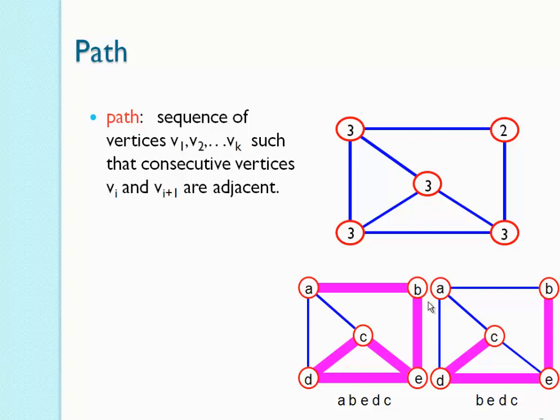Path. A path is a sequence of vertices V1, V2 up to Vk such that consecutive vertices Vi and Vi+1 are adjacent. Here, consider this diagram. Here ABEDC is a path, and in the second diagram, BEDC is a path.